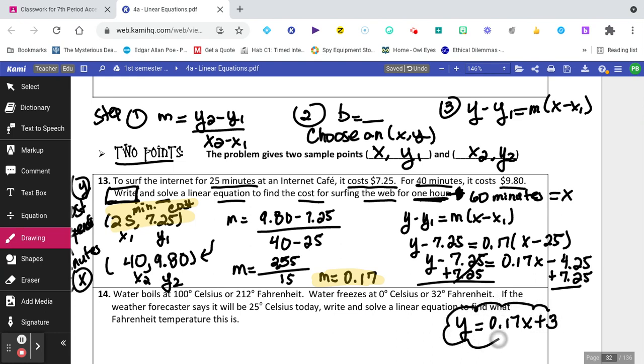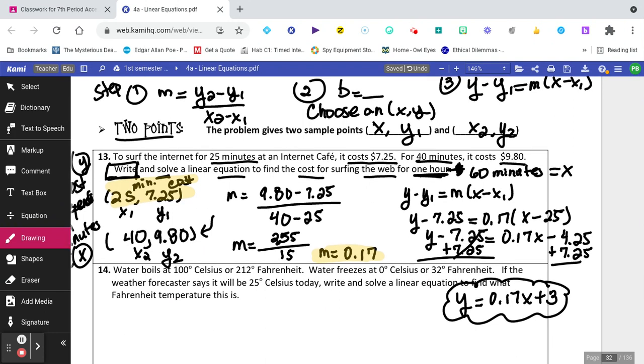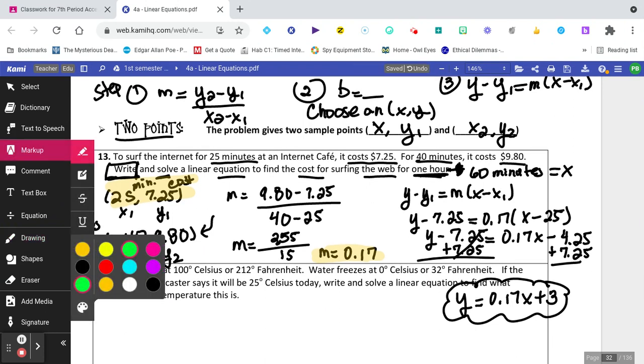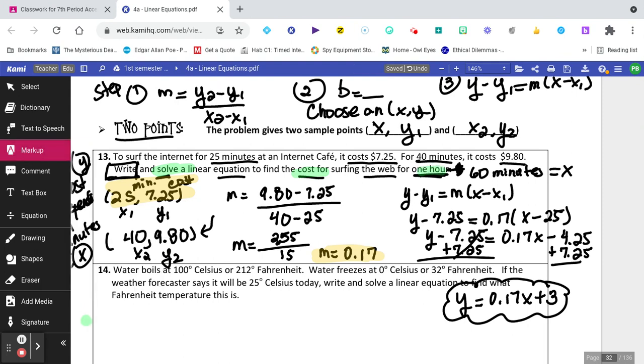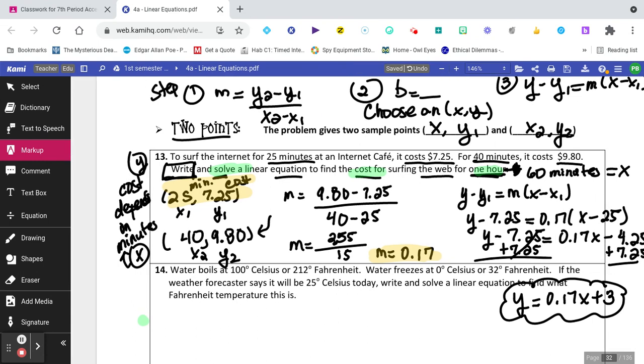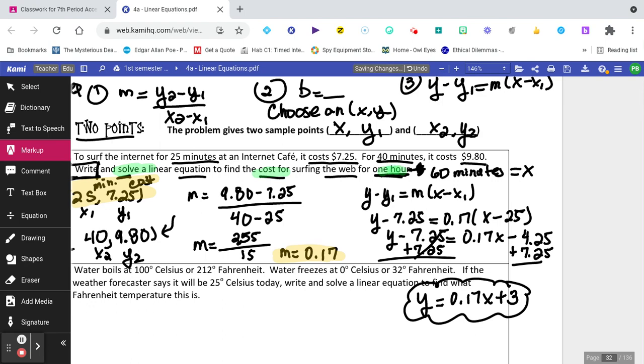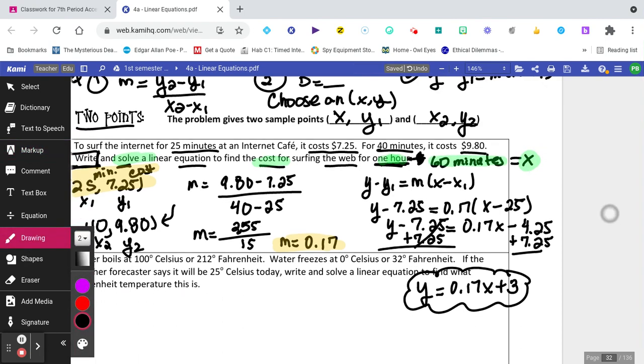So that's the equation. But then it says that you need to solve it to find the cost for surfing for 1 hour. Again, your x is in terms of minutes. So I changed 1 hour to 60 minutes, and that's my x. Where I see x, I'm going to replace it with 60.